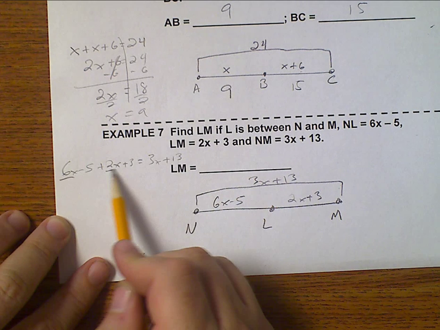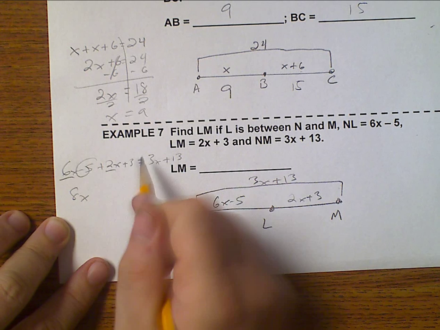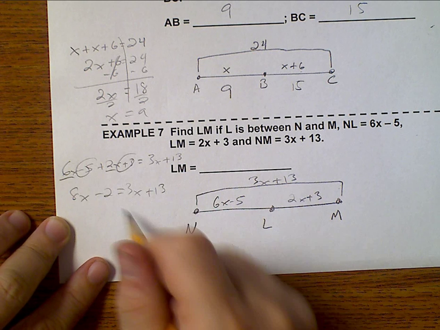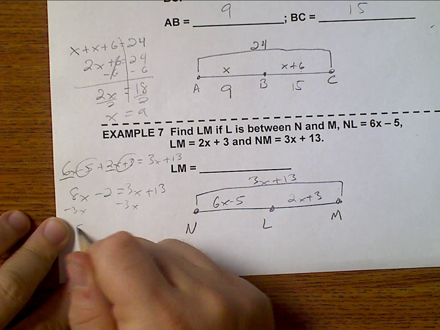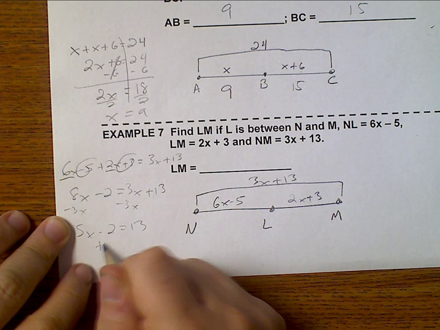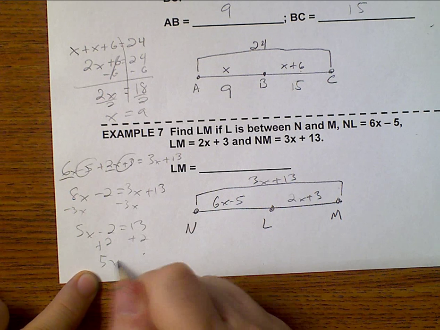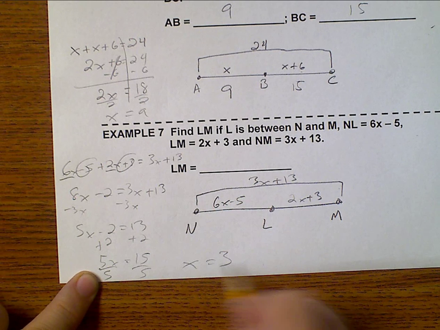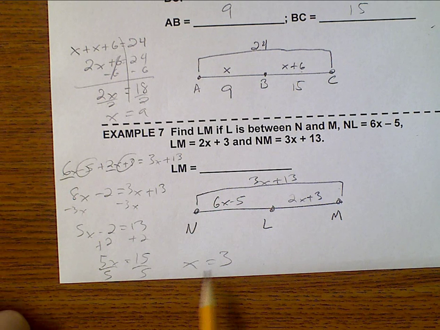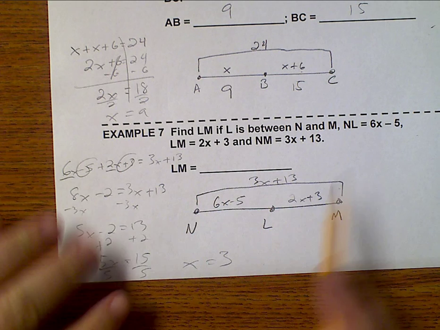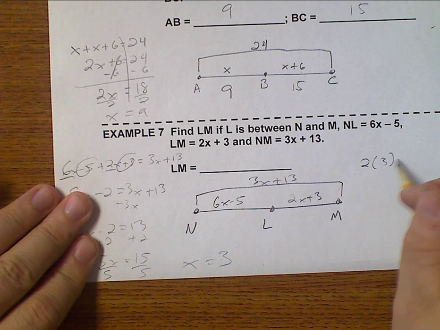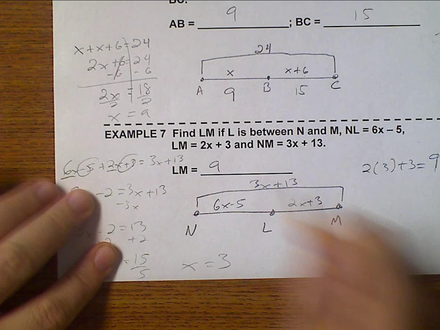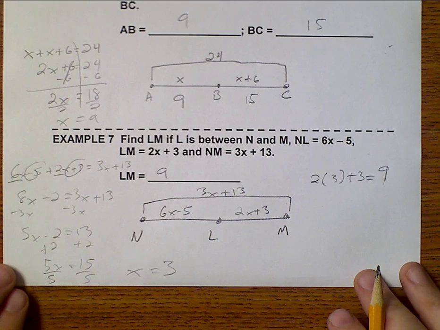If we combine like terms, 8x minus 2 equals 3x plus 13. X's to one side. 5x minus 2 equals 13. Constants to the other. 5x equals 15. Divide by 5 and x equals 3. Well, it's not asking us for x, it's asking us for LM. So 2 times 3 plus 3 is 6 plus 3 makes 9. And so that is example number 7.